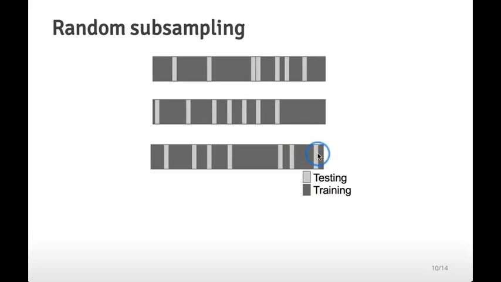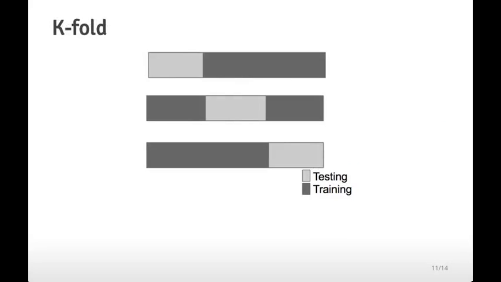We'd do this over and over and over again, and then we'd average the error rate to get the estimated out-of-sample error rate based on cross-validation. The advantage of random subsampling is that you can always balance the size of the testing and training sets. The disadvantage is that sometimes you'll get repeated elements when you do random sampling, and sometimes you'll get elements that don't actually appear among the random samples.